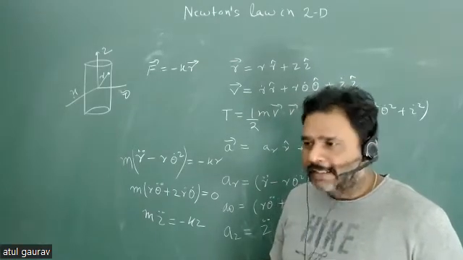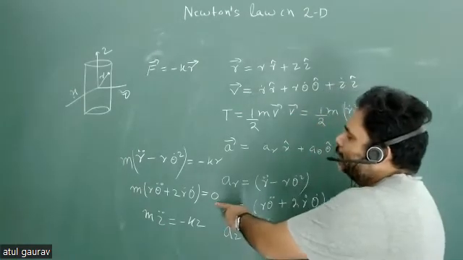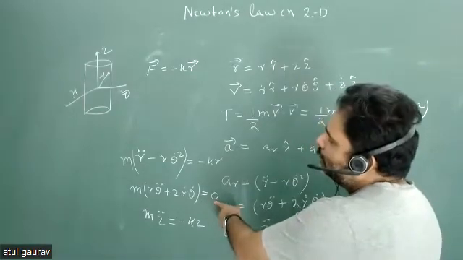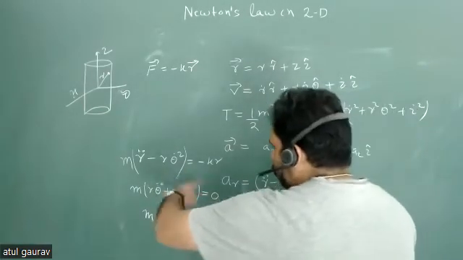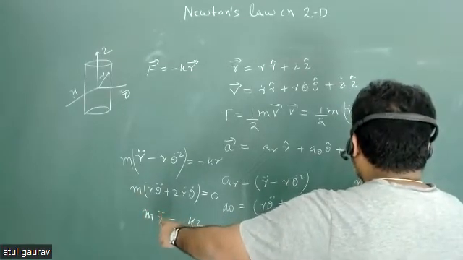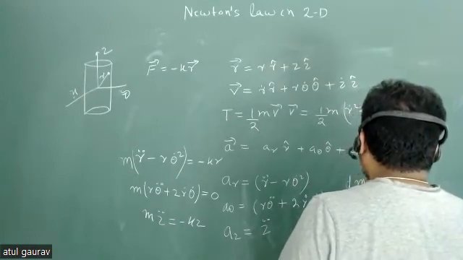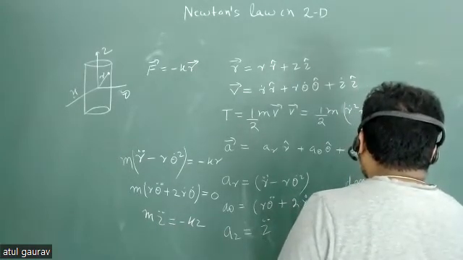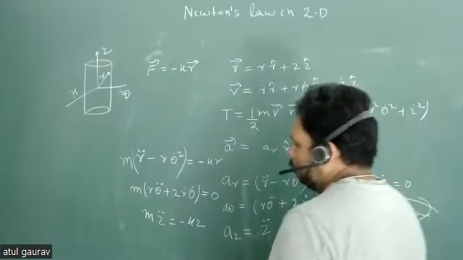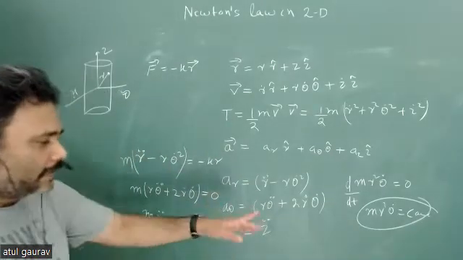Yes, sir. How do you know? F theta is 0, isn't it? There is no external force in the direction of theta. So this whole thing can be written as d upon dt of M R square theta dot must be equal to 0. So M R square theta dot is conserved. Go and see yesterday's class. Is this answer correct or false?